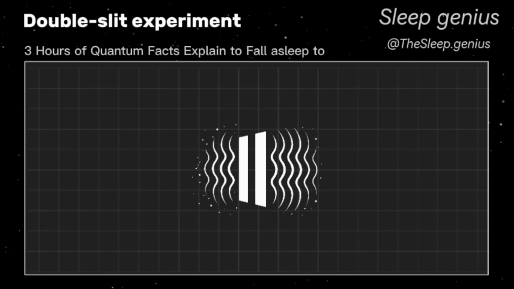Yet, when both slits are open, the pattern on the screen transforms into an interference pattern, characterized by alternating bands of light and dark, peaks and troughs, as if the particles behave simultaneously as waves spreading through both slits at once. Remarkably, this wave-like interference emerges even when particles are sent one at a time, suggesting that each particle traverses multiple paths in a manner that defies classical understanding.